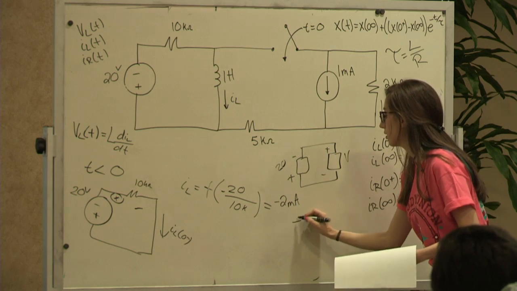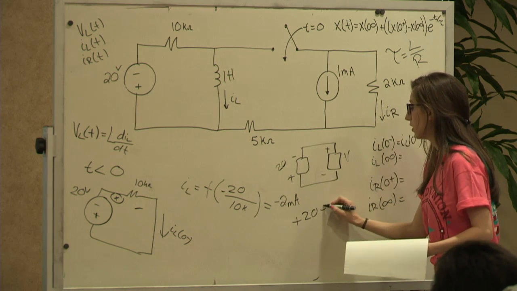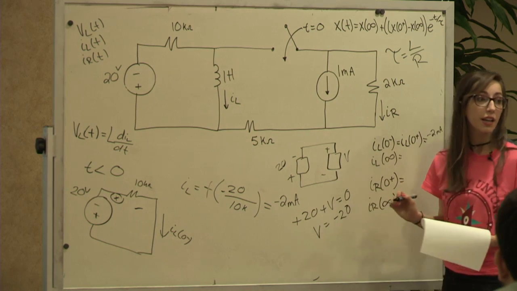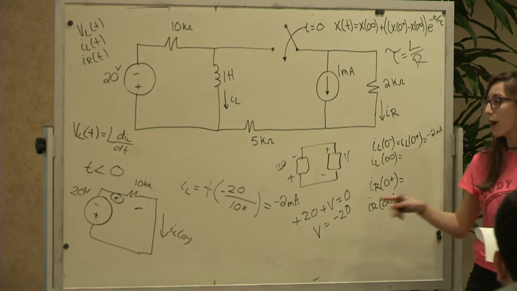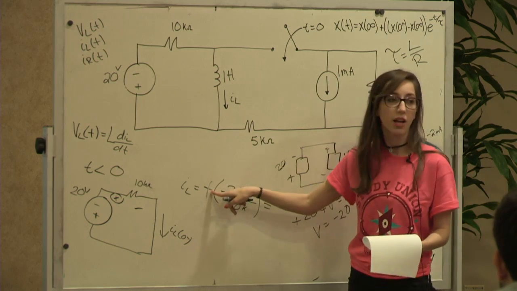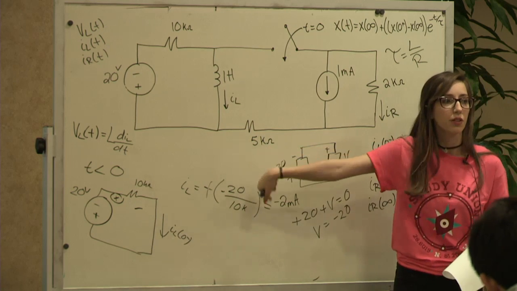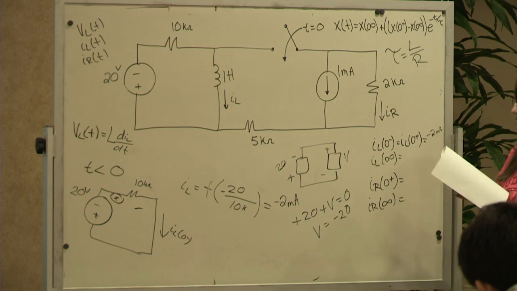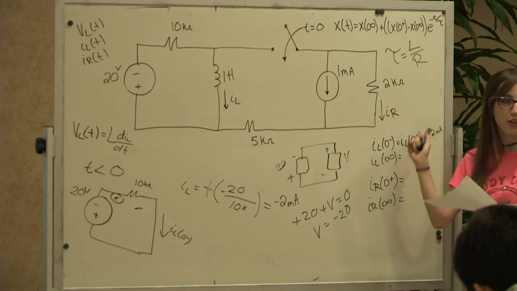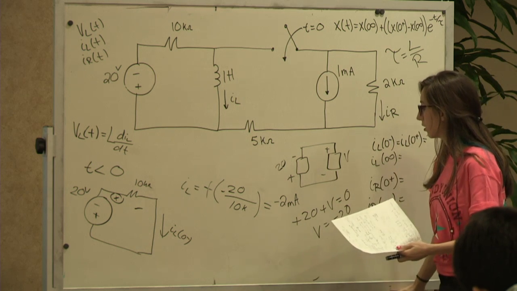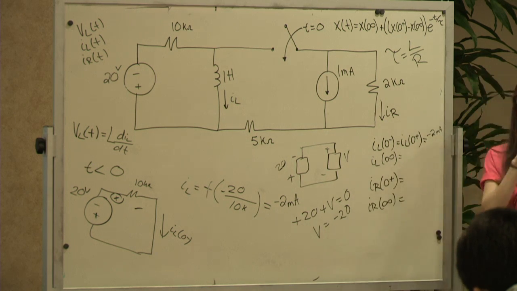Plus 20 plus V equals 0, so V equals negative 20. So that means this would be a negative 20 and this would be plus if you reverted the sign. So it would always have that negative 2 milliamps if current was going this way. Can't avoid that. Just do a KVL to check exactly if you end up flipping the polarity. Any other questions?